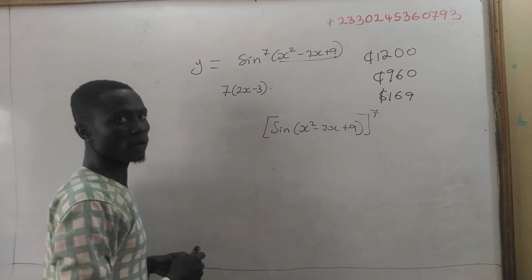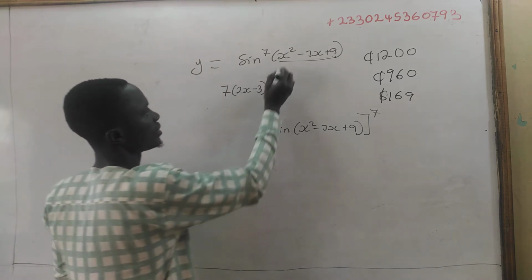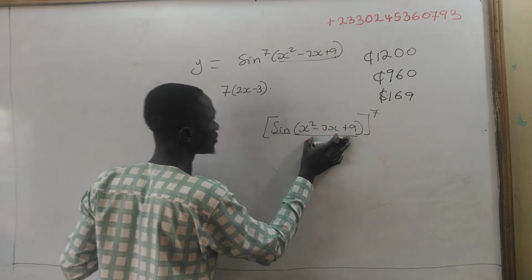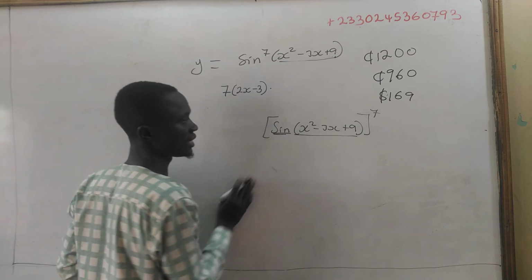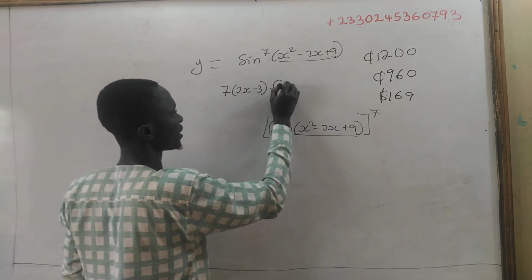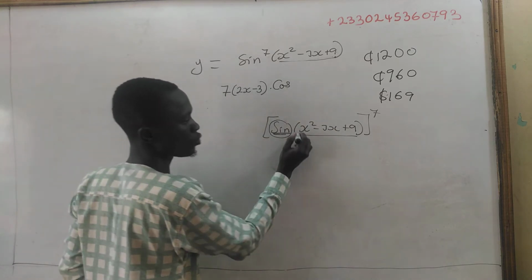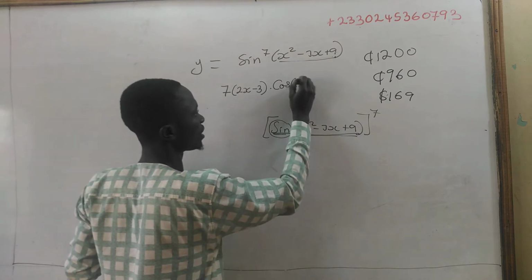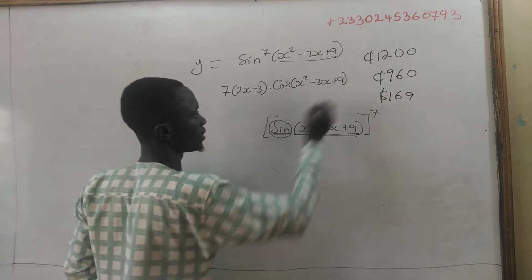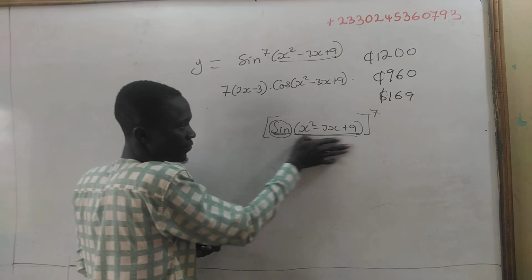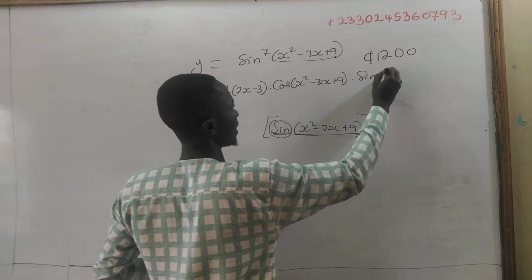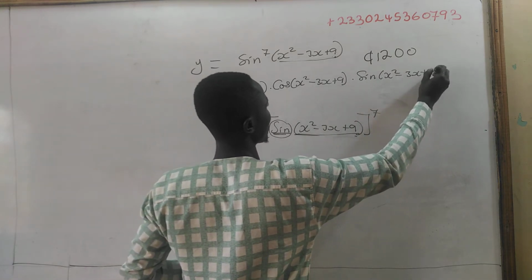Here the inner functions are two. We have sine and we have this. So we have differentiated this, and it has left us with differentiating the sine. If we differentiate the sine here, we are going to get cosine. And it is cosine of what? Cosine of the angle. So the angle is x squared minus 3x plus 9, times the original function inside, which is sine of x squared minus 3x plus 9.